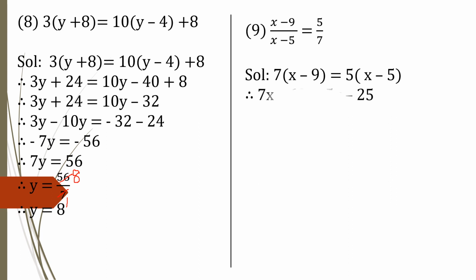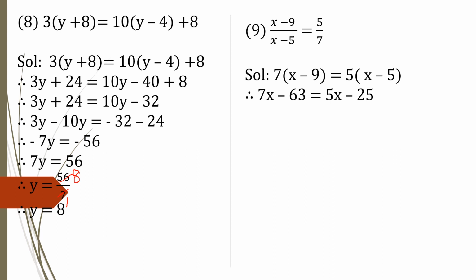So you'll get next step 7 into x, 7x, then 7 into minus 9, you'll get minus 63, equal to 5 into x, you'll get 5x, then 5 into minus 5 will get minus 25. Okay. So now after removing the bracket, you got 7x minus 63 equal to 5x minus 25. Now student, what is the next step?